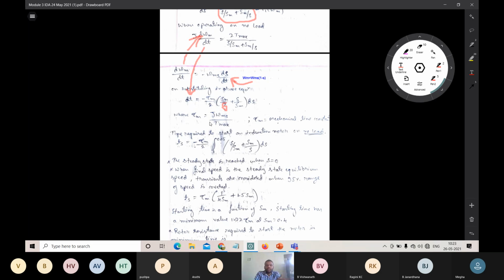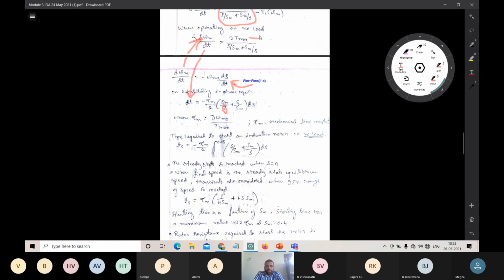The same thing we apply for mechanical systems. This tau m will be given by J omega ms divided by T max. So tau m is the mechanical time constant.